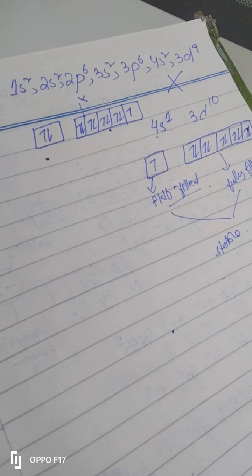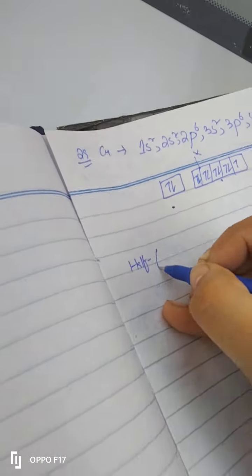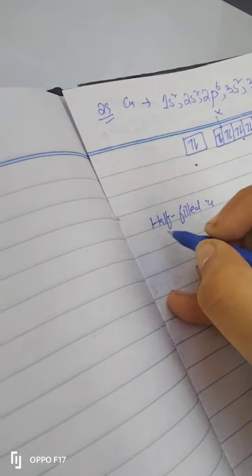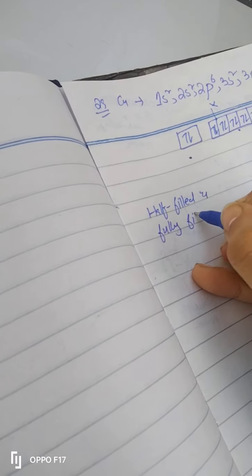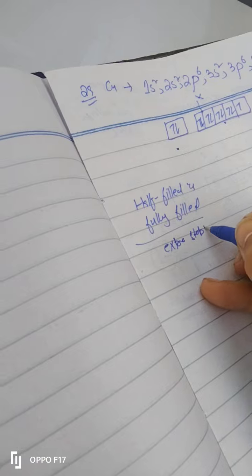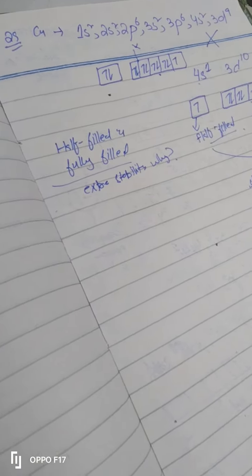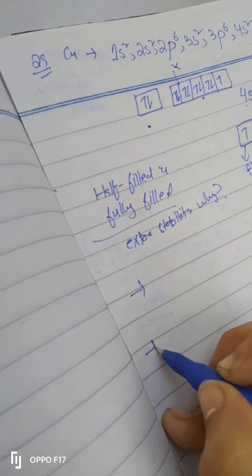So now let's talk about why half filled and fully filled give extra stability. There are basically 3 reasons for that.